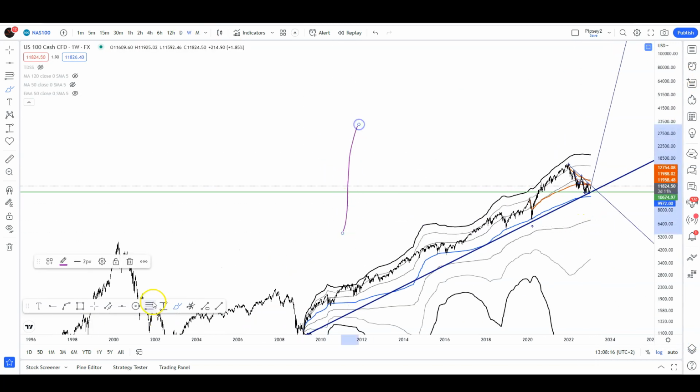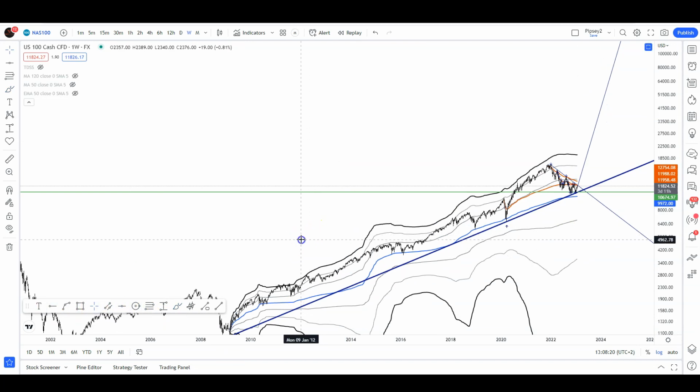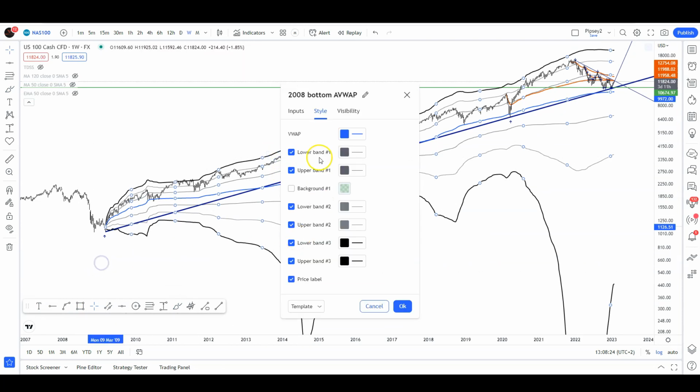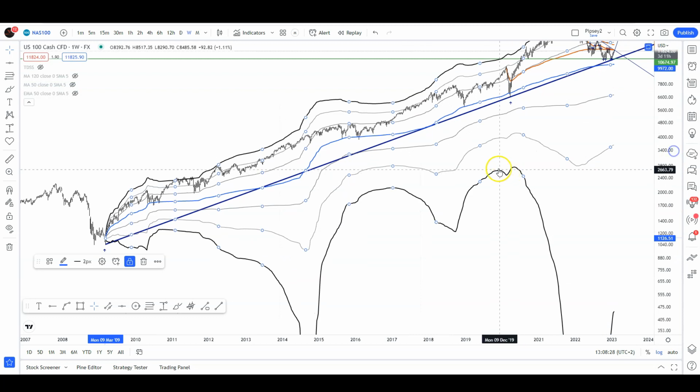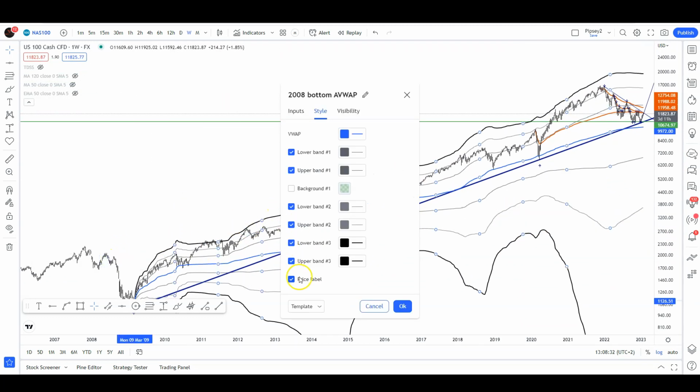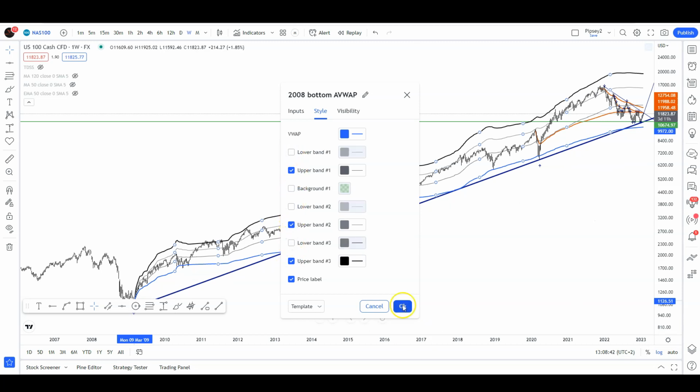Don't mind all these other lines, it's just the anchored VWAP but with the extended, what do you call it? Extended bands, yeah. Let me do this. Okay.